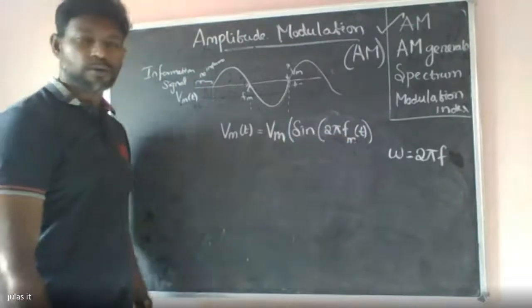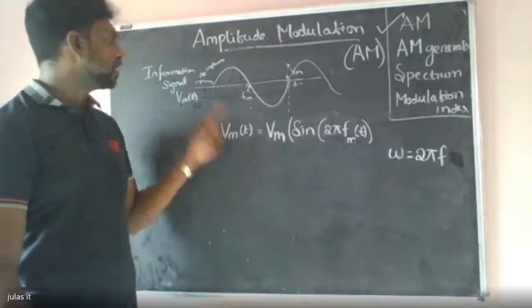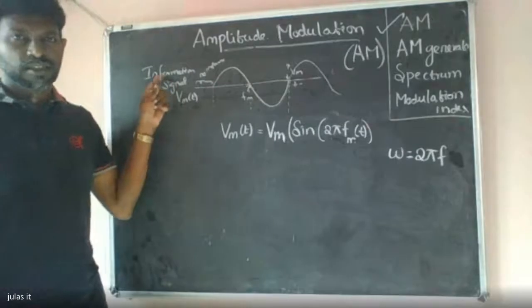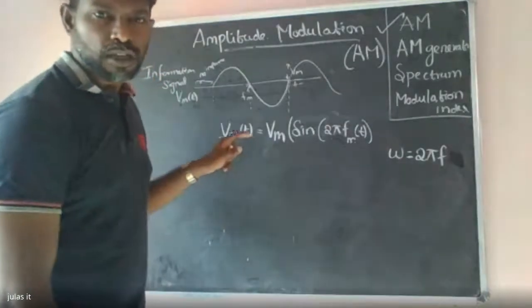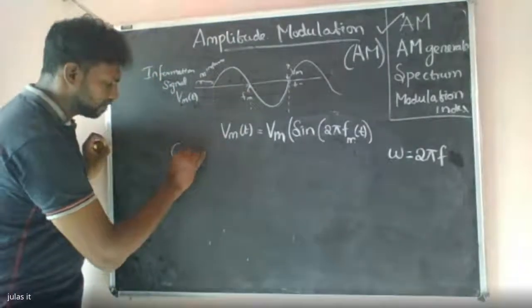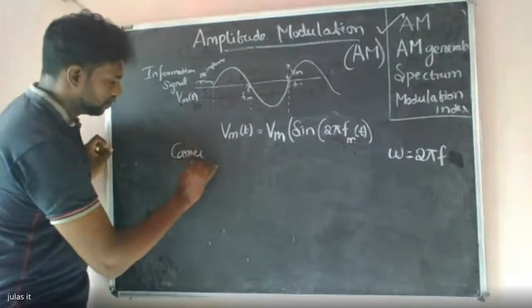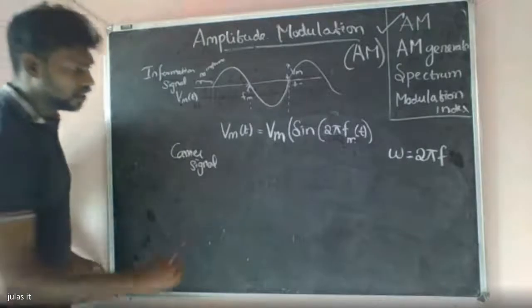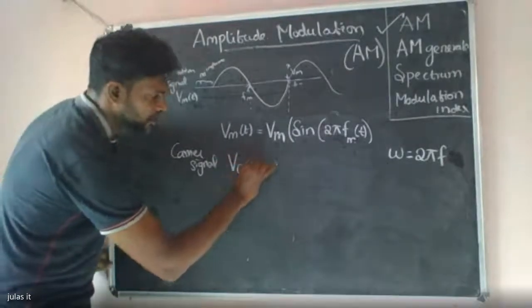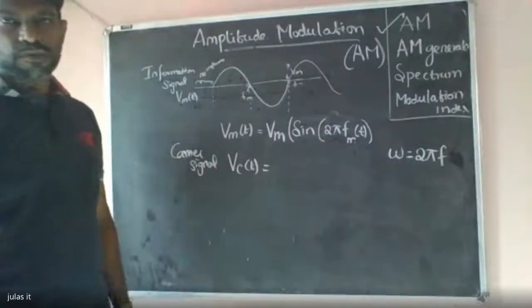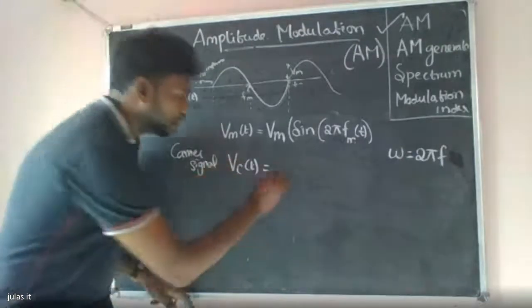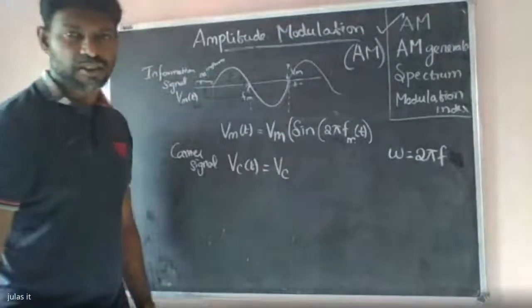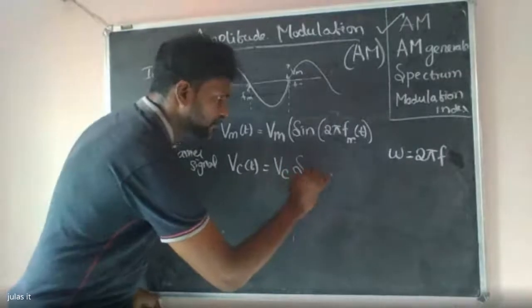Now, this is for an information signal. Next I am writing for a carrier signal. For the carrier signal, Vc of t is equal to, here also we have an amplitude, Vc sine.